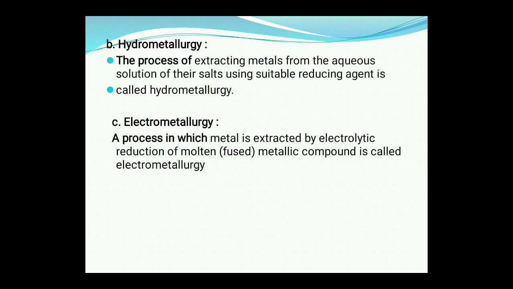So here electrolytic reduction is used, hence it is electrometallurgy. Depending upon which metal we are going to extract, the required metallurgical process is used out of pyrometallurgy, hydrometallurgy, and electrometallurgy.